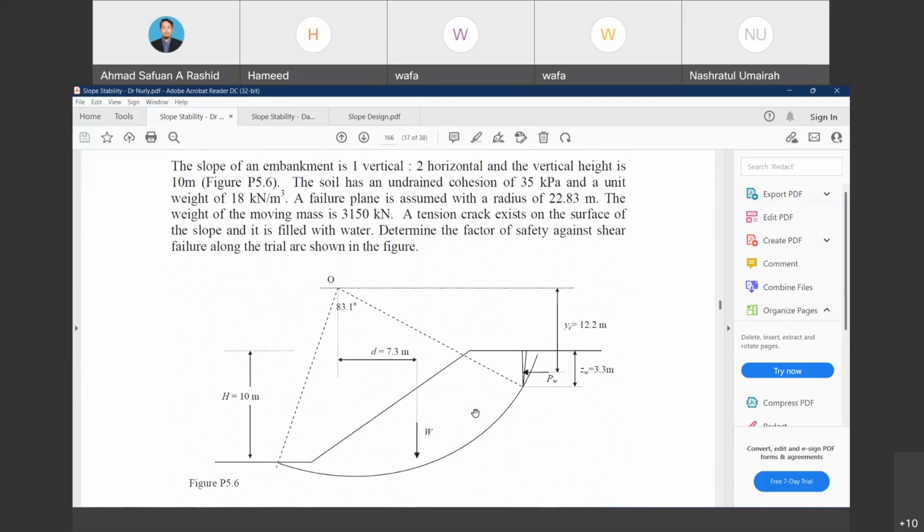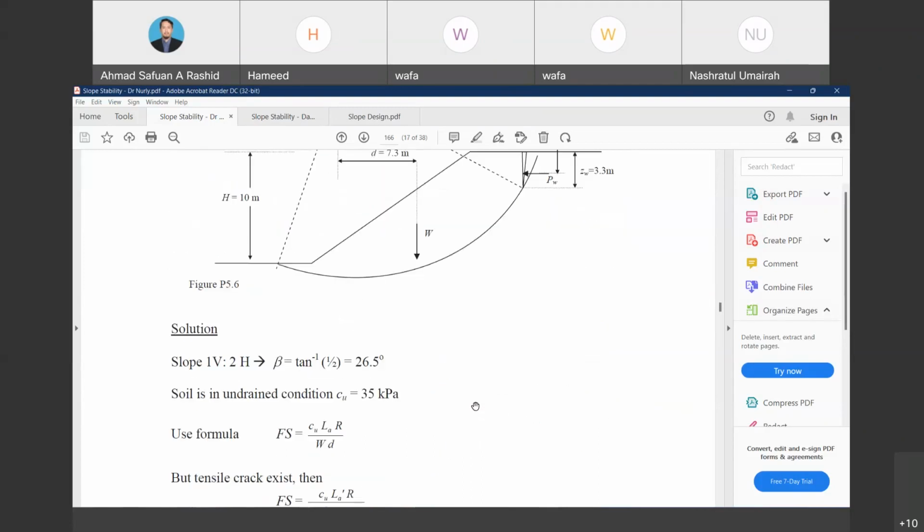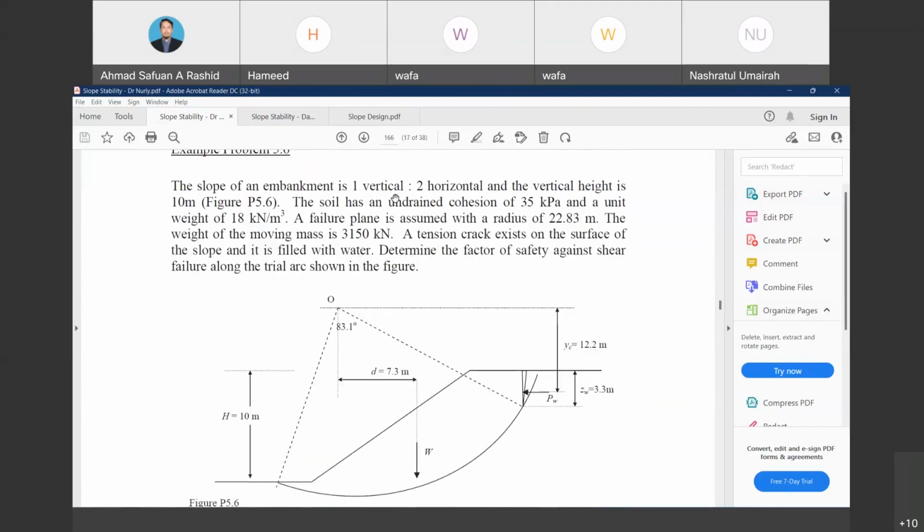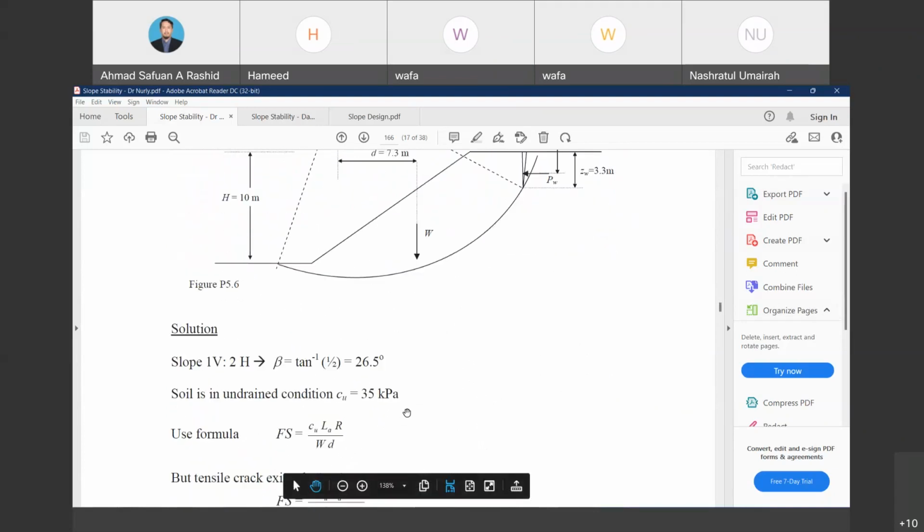So this is another example, where it has a tension crack and the tension crack is filled with water. In order to determine the factor of safety value, we should determine first the beta, where one vertical, two horizontal, then we can get beta is equal to 26.5.